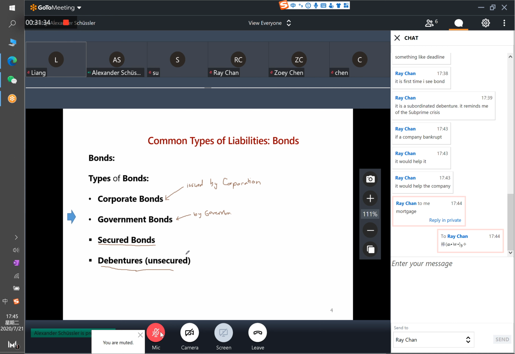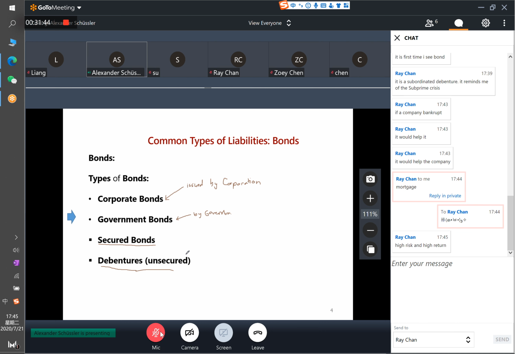Yeah, the debenture is more risky. It's more risky for the holder because there is no house or other collateral, other asset, which secures the loan. So this has higher interest.